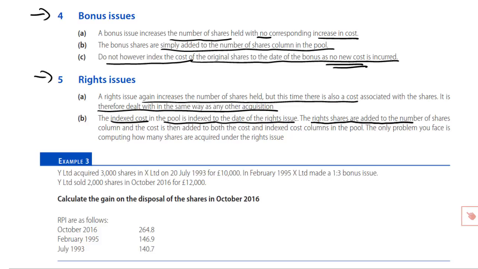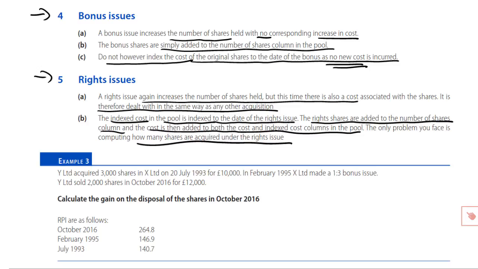The rights shares are then added to the number of shares column and to the cost column, and of course the index cost column as well, just like any other acquisition. The only problem we face is computing how many shares are acquired under the terms of the rights issue, which again will not be difficult. 1 for 2, 1 for 3, 1 for whatever number, or 2 shares for every 5 shares held, or whatever number. Just multiply it through, get your acquisition.